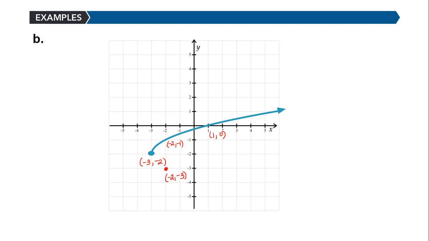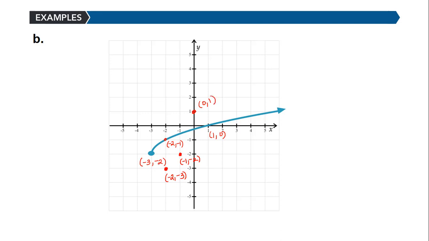Then I need to have the point (negative 1, negative 2). Instead of (1, 0), I will have the point (0, 1).